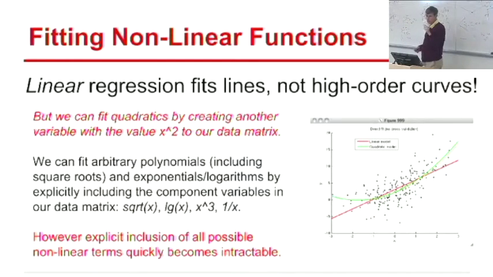Unfortunately, linear regression is going to give you something that's linear in its variables. But there's no law that says you can't add nonlinear terms to your variables. What does that mean?